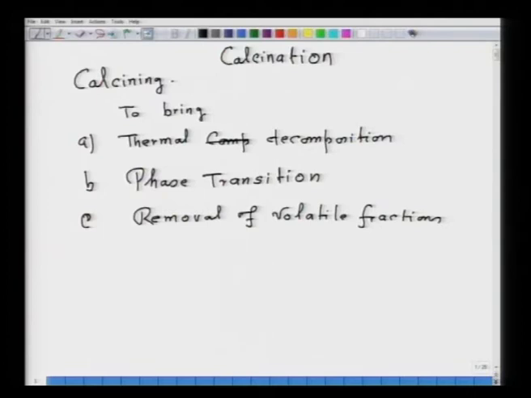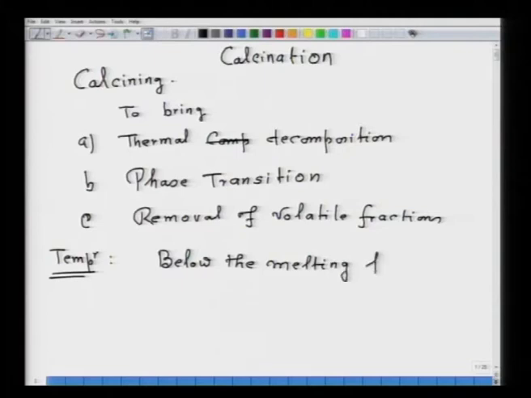However, you can include more. Now, the temperatures involved are below the melting point of the components of the raw material. That means, you treat them in the solid state. So, the product is also solid.